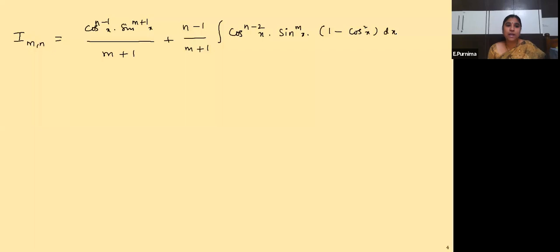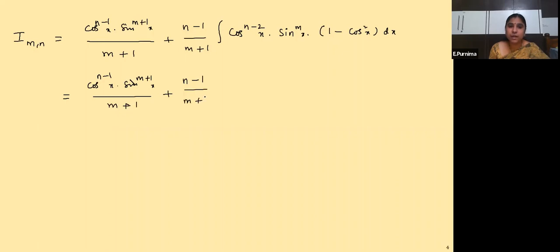So what is that? I_{m,n} is equal to cos^(n-1)x · sin^(m+1)x/(m+1) + (n-1)/(m+1) into integral. First I am separating, multiplying with 1. So it becomes sin^m x. I am writing in the proper order as how the question is there, children.